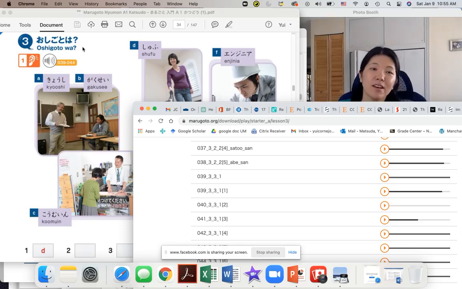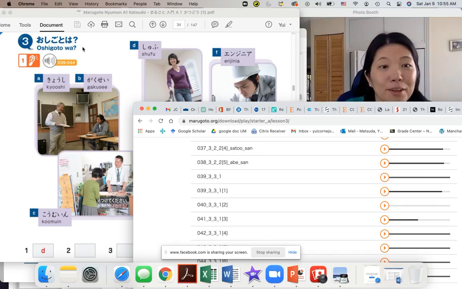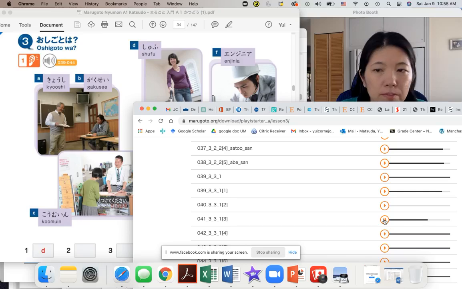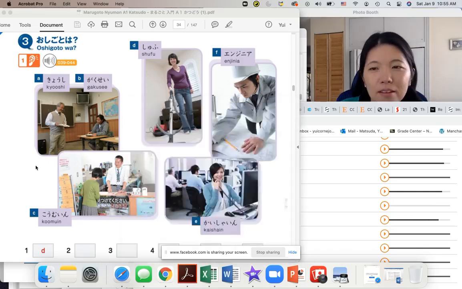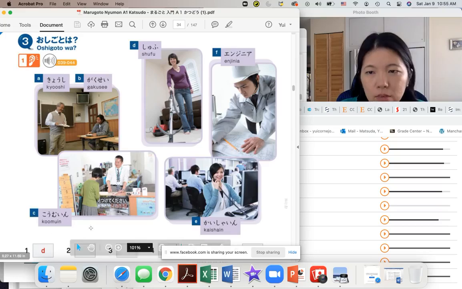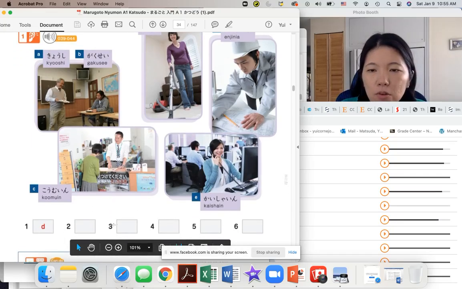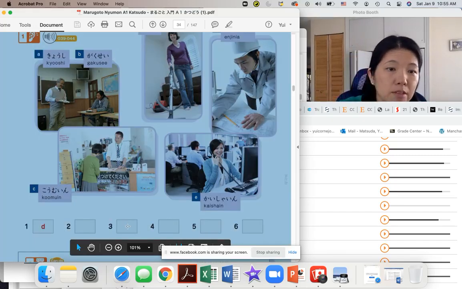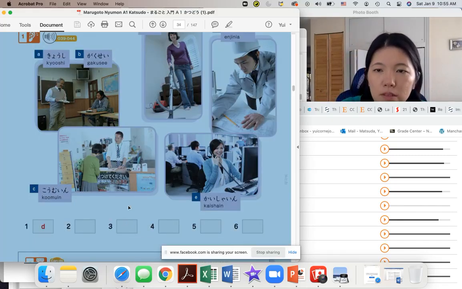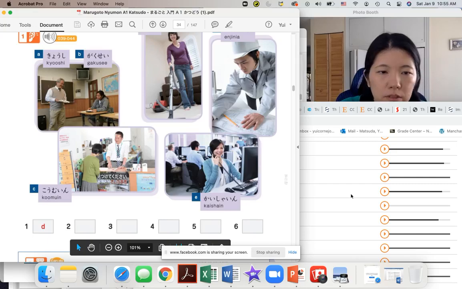So 何ですか is what is. So it was longer, but asking the same thing. What is your job? 公務員です。公務員 is this C. So number three is C. 公務員, the civil servant.